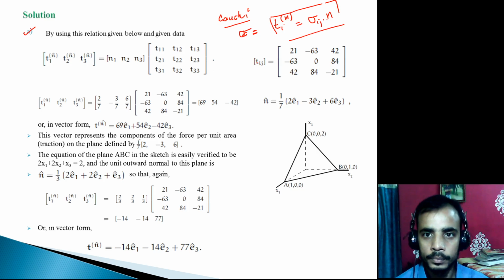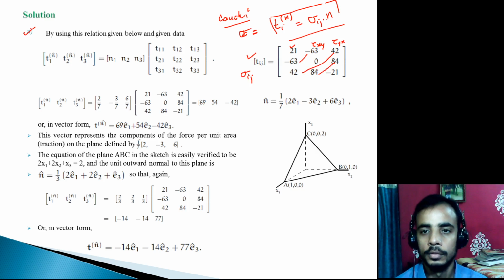Now, the problem is given, that is T_ij. So T_ij is nothing but your sigma_ij. That means this is your sigma_1 or sigma_xx, tau_xy, this is tau_xy, this is your tau_yx. Okay, so these are the 9 stress components, and this is equal to this, and this is equal to this.